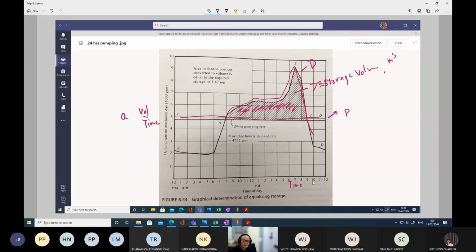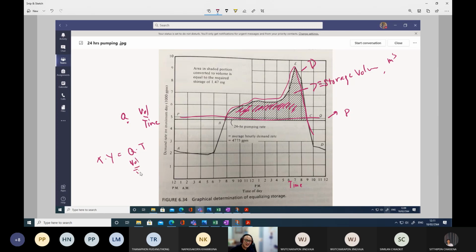If you look at the axes, the x-axis is given as time, and the y-axis is given as flow rate, which is volume divided by time. If you multiply x by y, you are taking the flow rate times the time. What is the unit of the flow?